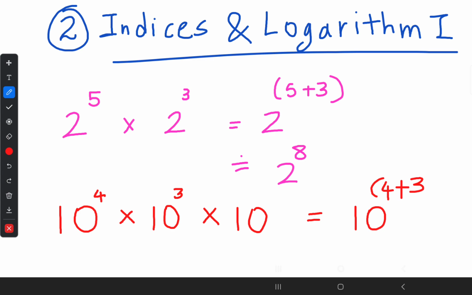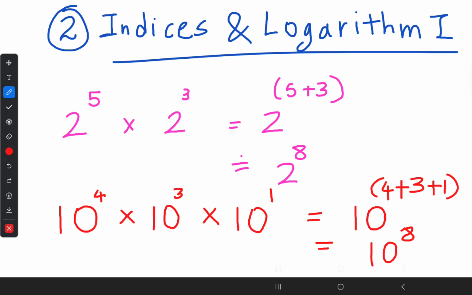We know that when we deal with only a number without any indices, we can conclude it has a 1. So 4 plus 3 plus 1, it would be finally 10 to the power of 8. This is the thing about indices.